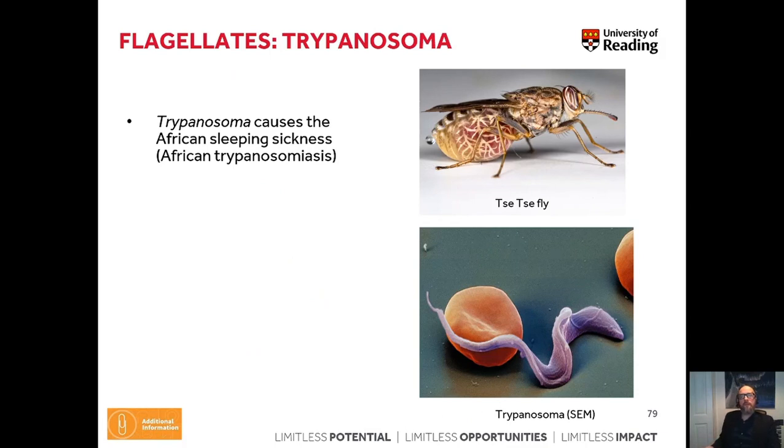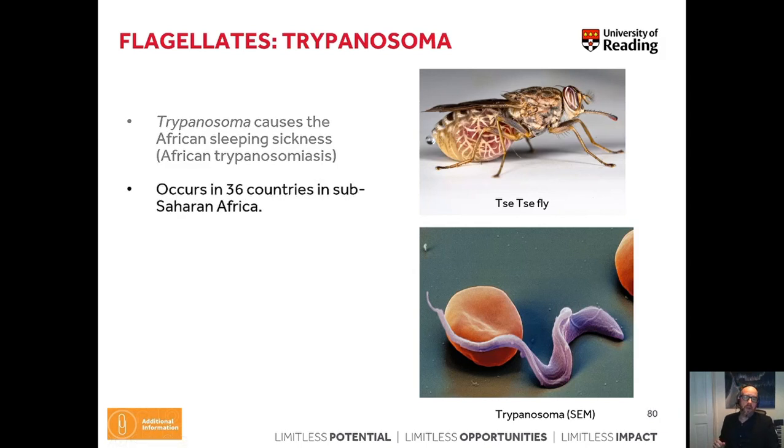The last type of flagellates I would like to mention is quite common in Africa, and this flagellate is called trypanosoma. It causes the African sleeping sickness, and the vector here is the tsetse fly.